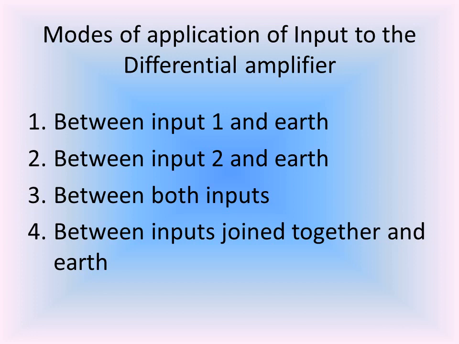Second, the input can be provided at input 2 with respect to earth. Third is the case where the two inputs are provided at both input 1 and input 2. And fourth is the case where both the inputs are joined together and given one input with respect to earth. These are the four modes of application of the input to the differential amplifier.